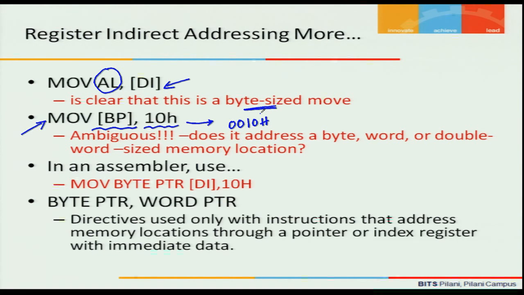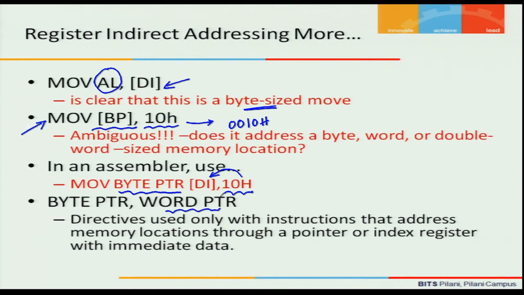To make it explicit for the assembler and to remove the ambiguity, sometimes what we do is put an assembler directive which is byte PTR. This assembler directive is essentially telling the assembler that a byte size value 10 hex is to be moved to a memory location being pointed to by DI in the data segment. Suppose that you wanted to move a word size value, you could use the assembler directive word PTR instead of byte PTR.